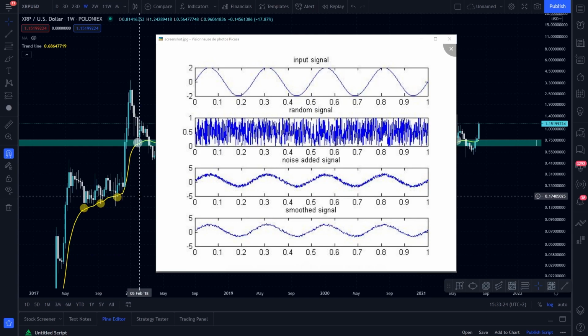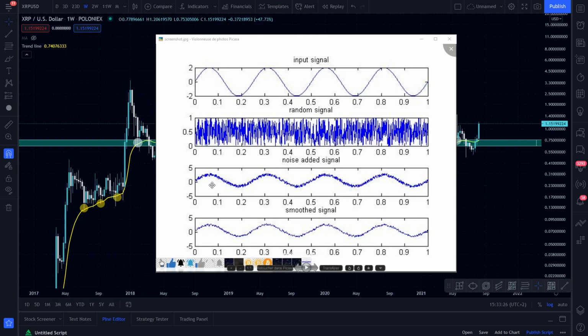If you could hear the sound generated by the third chart, you would hear, of course, the original sound, that is the sine wave, but it wouldn't be as pleasant to your ear because of the noise, because you would hear the noise too, right? So this is a mix between the original sound and the noise. That's why you see here the chaotic move inside the sine wave, right?